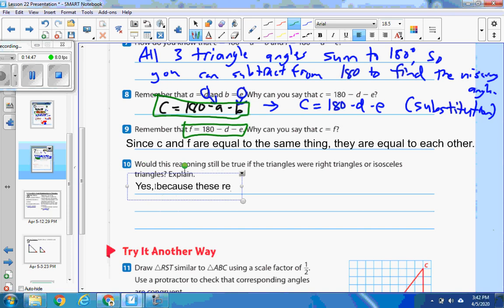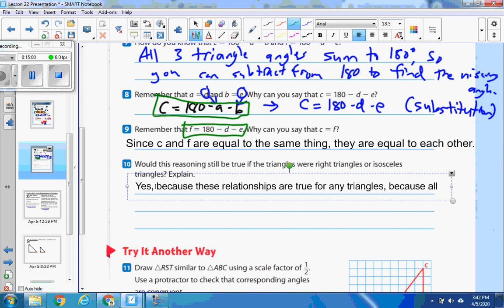These relationships are true for any triangles, because all triangles have angles that sum to 180 degrees. All right.